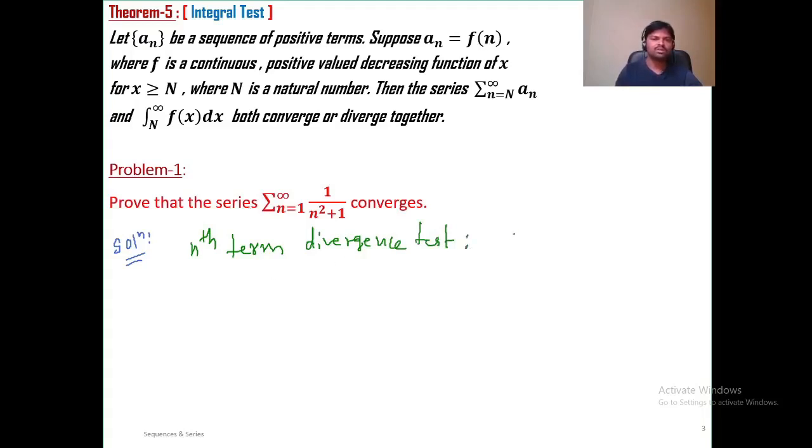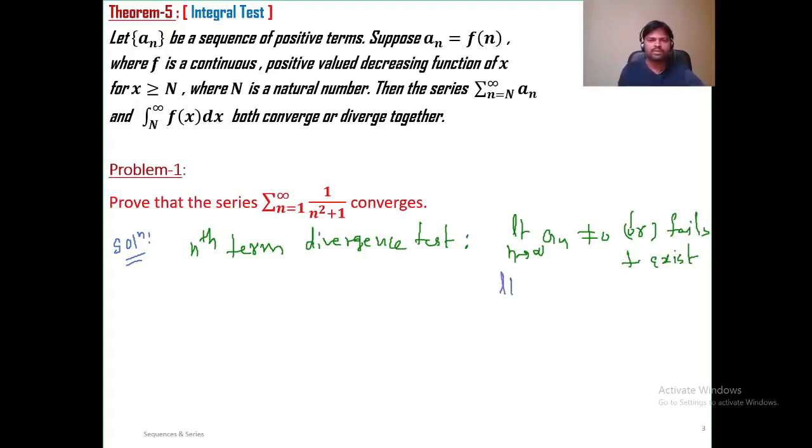According to this test, what I require is that the limit as n tends to infinity of a_n should be not equal to 0 or fails to exist. Then the series diverges. Let me calculate here.